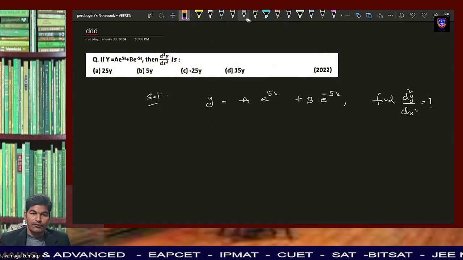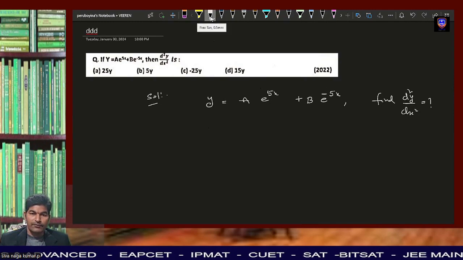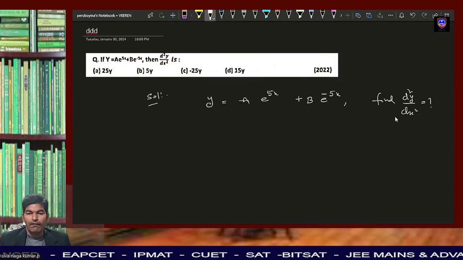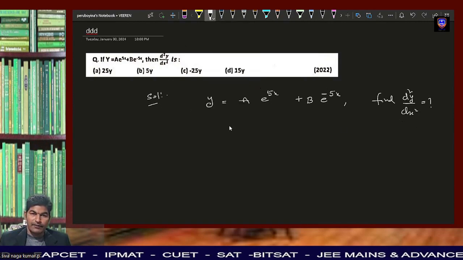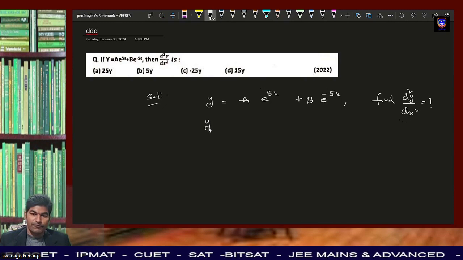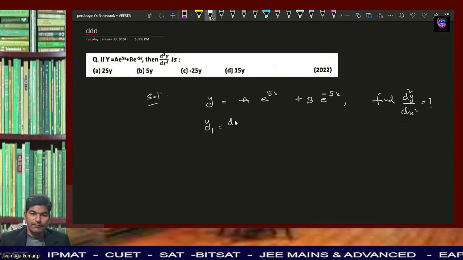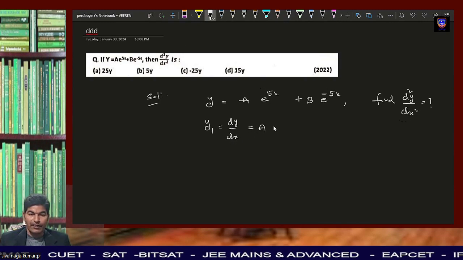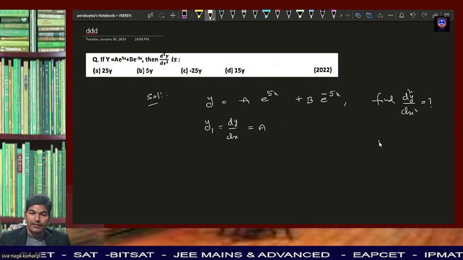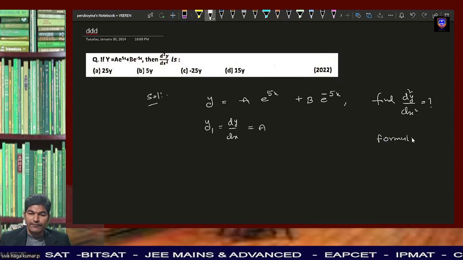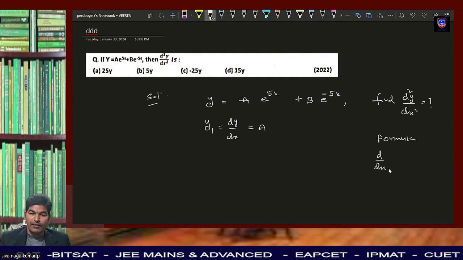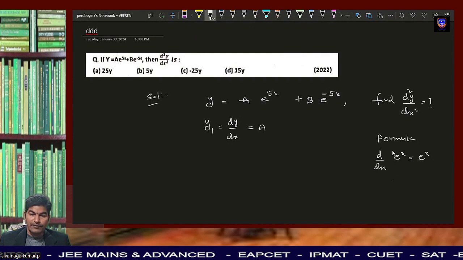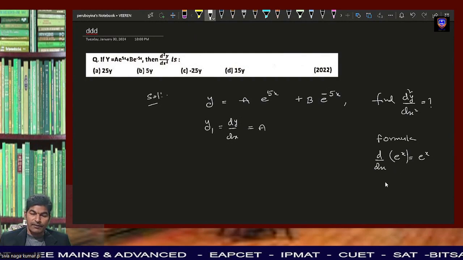You know the derivative d by dx of e power x. So y1, which is nothing but dy by dx, is equal to a into, here I am mentioning the formulas for you. The first formula: the derivative of e power x is e power x.